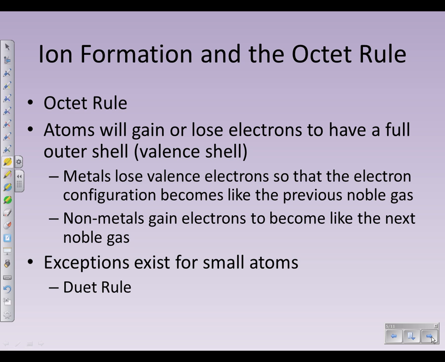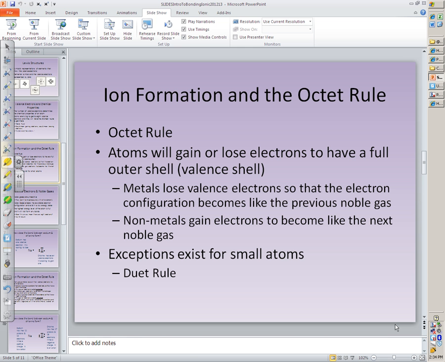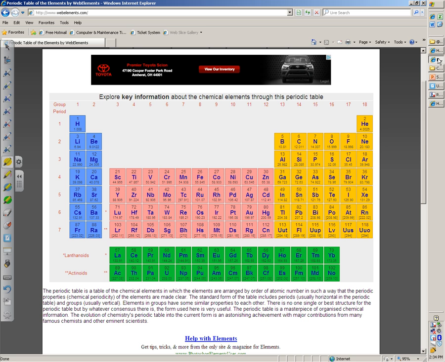But remember that for small atoms, the first orbital that gets filled is the 1s orbital, yes? Does that sound familiar? How many electrons can the 1s orbital hold? 2. Is there a 1p orbital? No. The first level is full with how many electrons?